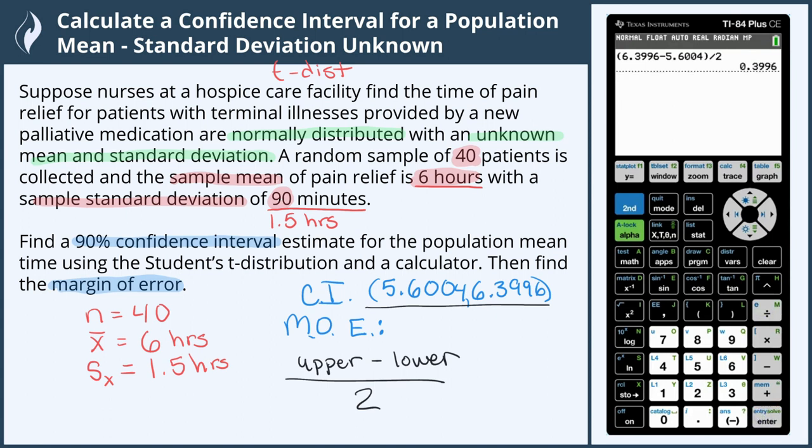And so we can write our margin of error, which is, let's round this to 2 decimal places, which rounds this up to 0.40. We've now found the 2 items we were asked to find, which is the confidence interval and the margin of error, and now we're all done.